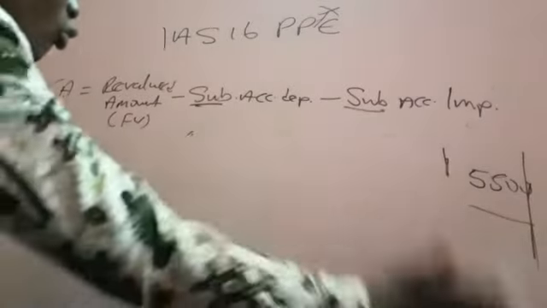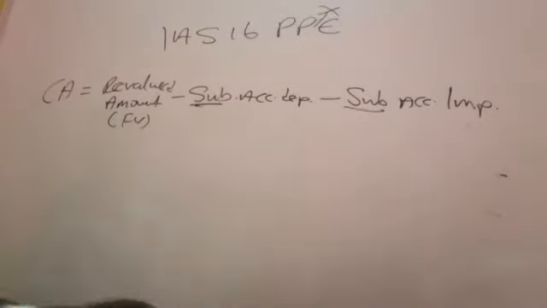Now, there are some rules that we have to take note of when you adopt the revaluation model, because the revaluation model is highly subjective. So it comes with rules or conditions.